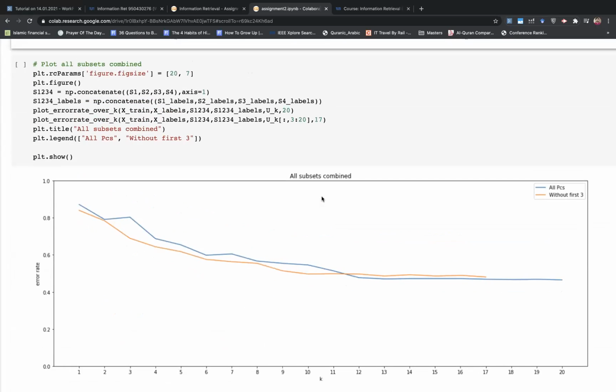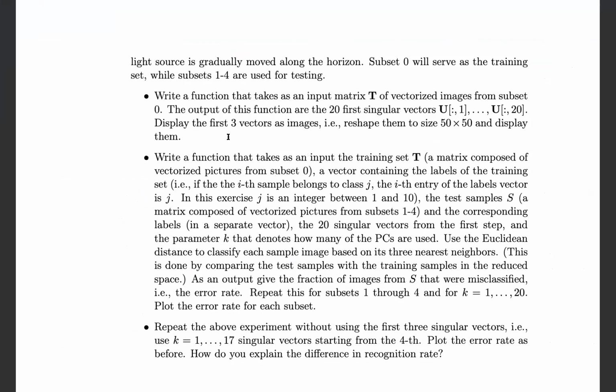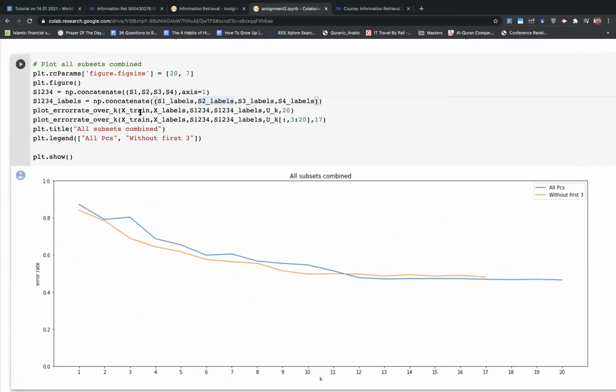Then this is just another way to show it. I think it was not part of the task, but it shows that if we train only on subset 0 and combine all the subsets 1, 2, 3, 4 in the test set, then the error rate is almost around 0.5, right?